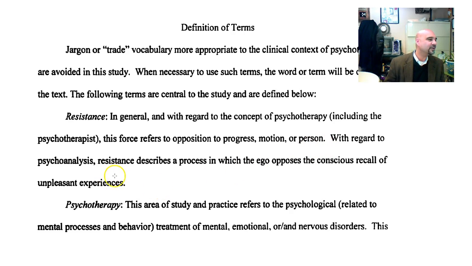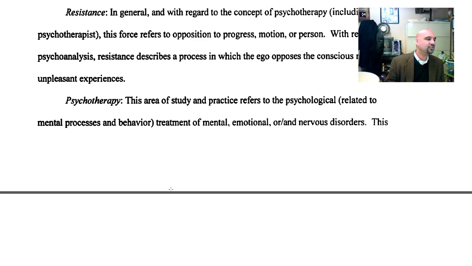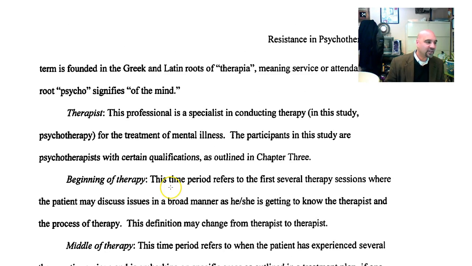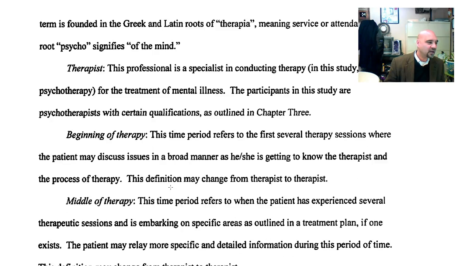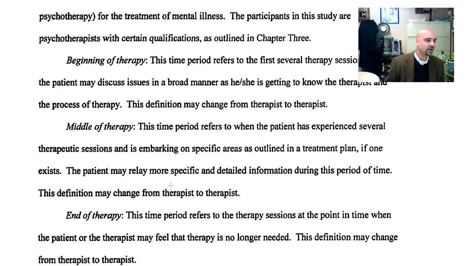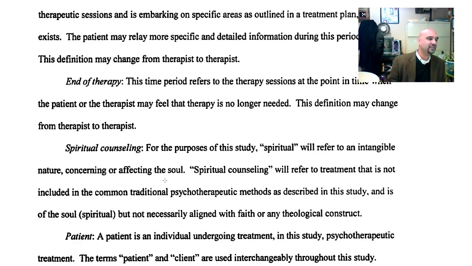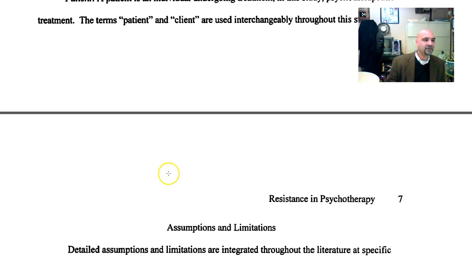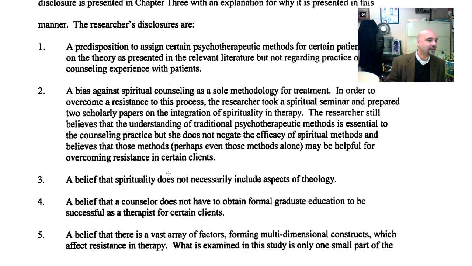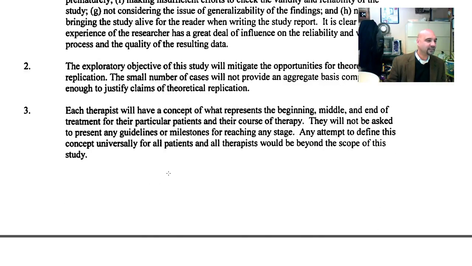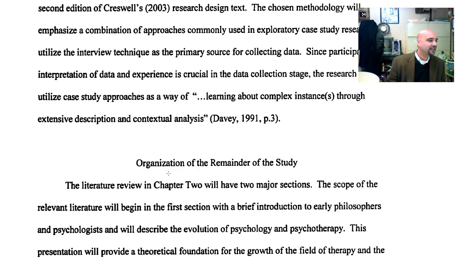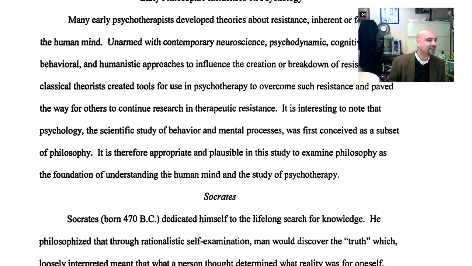With regard to psychoanalysis, resistance describes a process in which ego opposes conscious recall of unpleasant experiences. So as you can see how these definitions support what you're doing in the research process. It helps you understand key terms that are going to be supported in your literature review. So let's dive into the literature review and see what this author does.